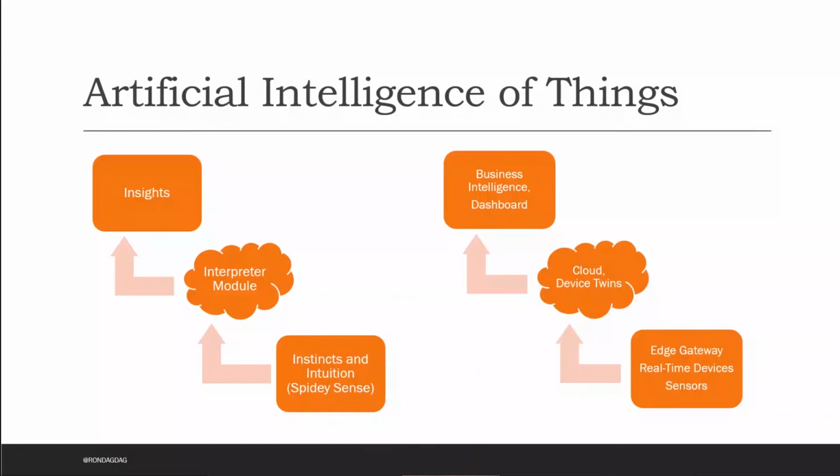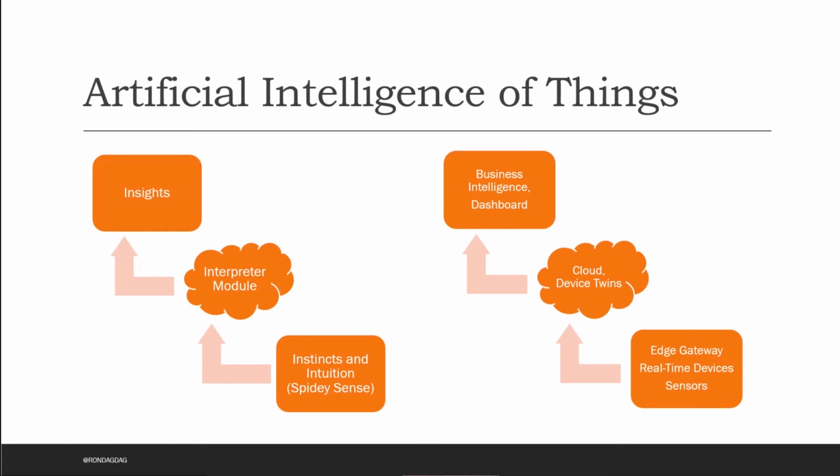Figuring out where the problem is. The artificial intelligence of things, like what I was telling you about in terms of insights with the interpreter module and the instincts and intuition. In artificial intelligence of things, you might be thinking about, where do you process the anomaly detection?